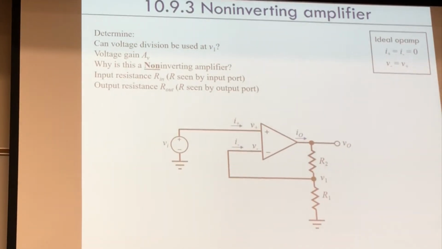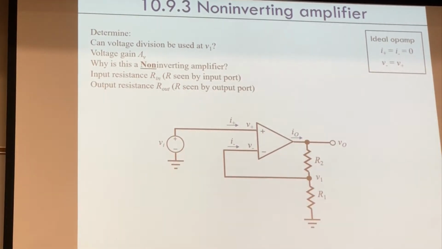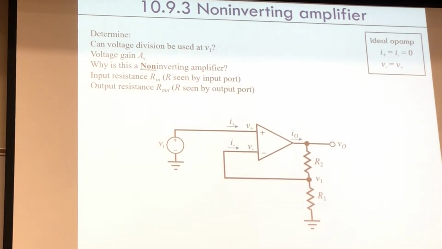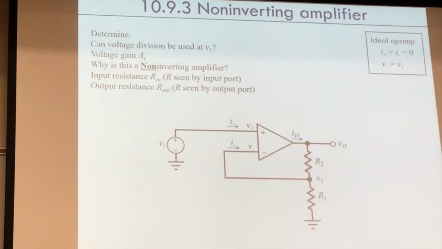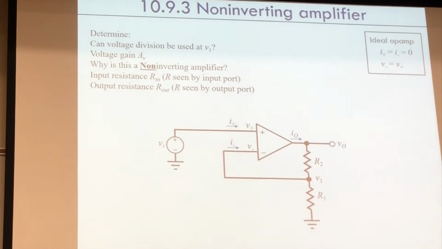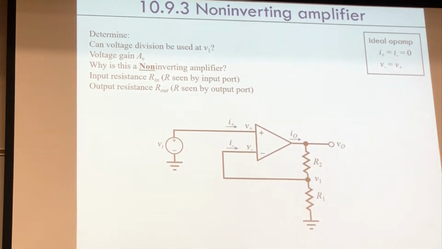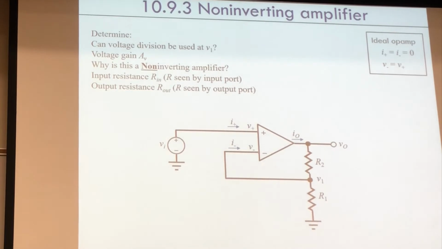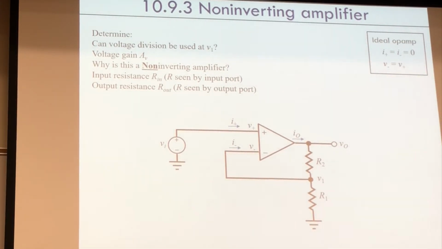Any questions about this before we move on? So you said you can't use KCL on certain parts of it? Oh, on this? Yeah, you can use KCL. I guess I was confused at the beginning when you were talking about this. Oh, that was a voltage division. I chose to use voltage division on that, and I told you when you can and cannot use voltage division. If you have current coming off of it, you can't use it.